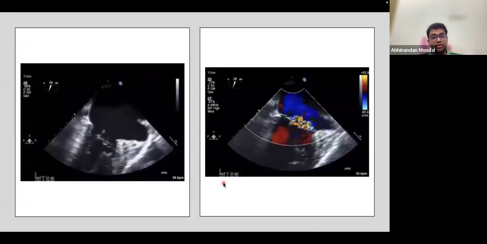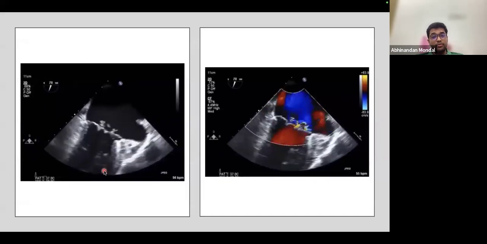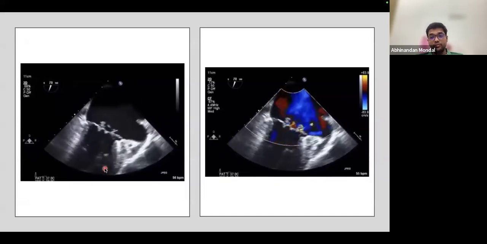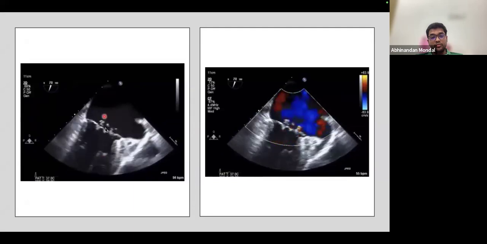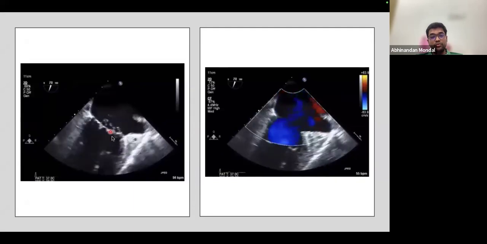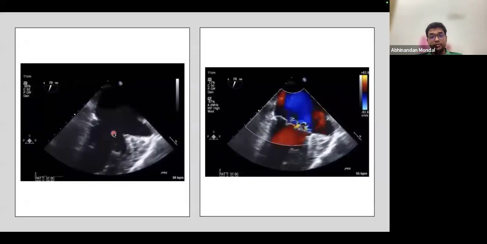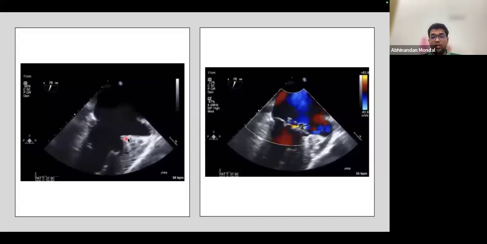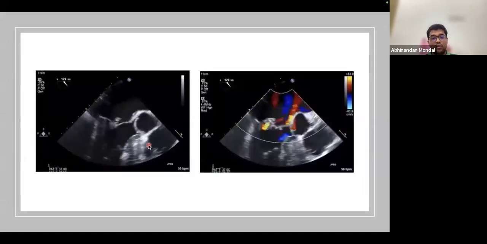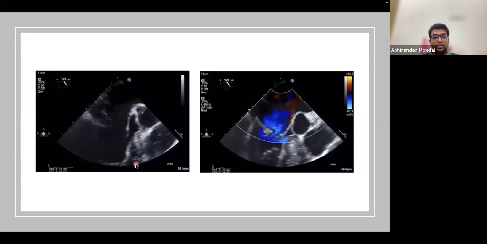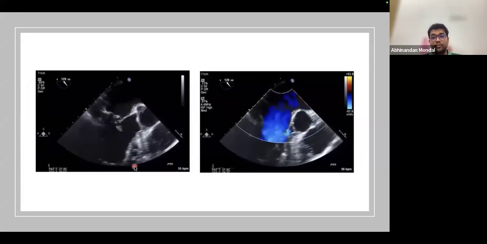Same patient, midesophageal commissural view. So this is A2. A2 is unaffected. You can appreciate that. Same patient in your midesophageal long axis view.